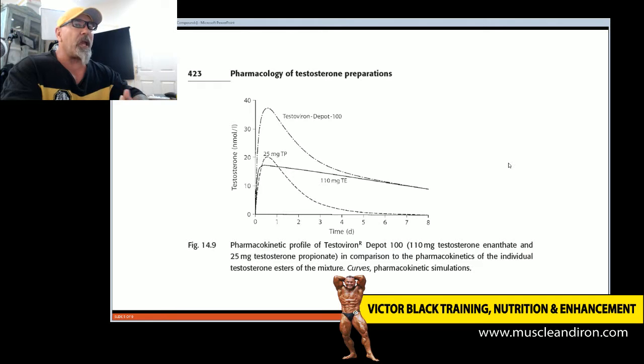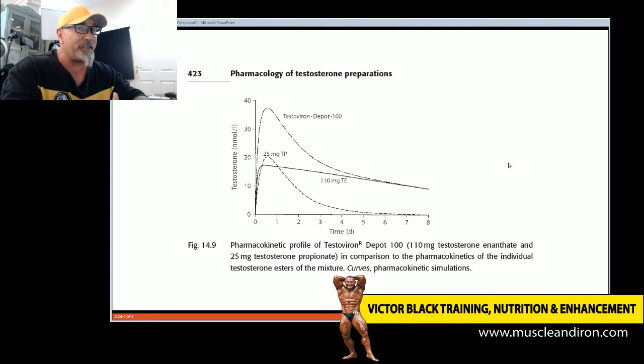So what we're looking at here is a graphical representation of just 2 esters to keep this nice and simple. This is a product called Testoviron, a blend of testosterone enanthate and testosterone propionate. The challenge, as you can see, is the initial peak concentration of testosterone following administration.